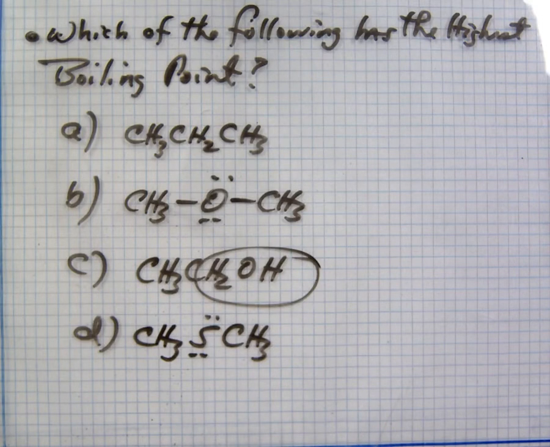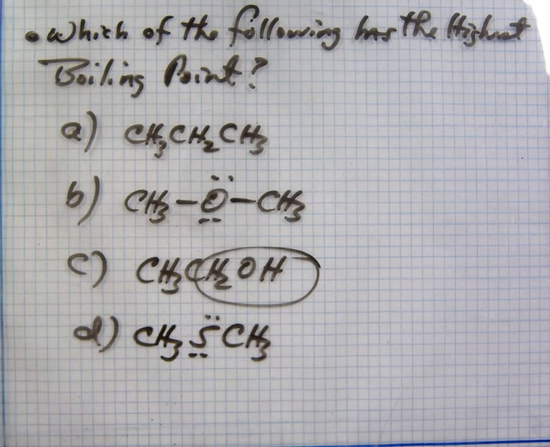But these two are dipole-dipole interactions because of their geometries and the fact that they have outlets. This is a totally non-polar molecule at the very top up here, and it has no hydrogen bonding or interactions whatsoever. So when you get a test question like this, and they give you a list, the first thing you look for is that OH in there. If you find that OH in there, that's going to outride everything, okay?